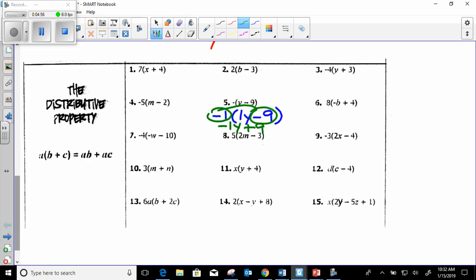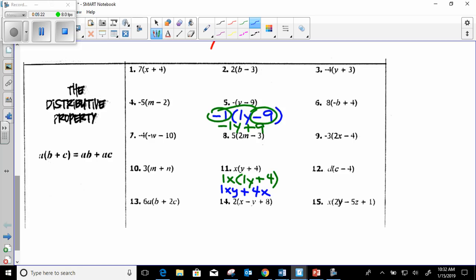Number 11, same thing. This is a 1x times a 1y plus 4. So 1x, ooh, what do we do here? You have an x and a y. You're going to multiply them. So now it becomes a 1xy plus 4x.